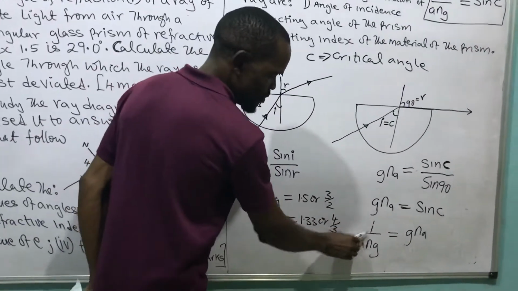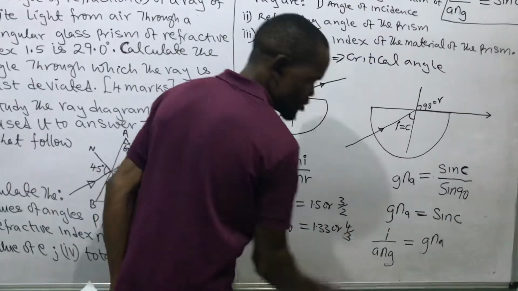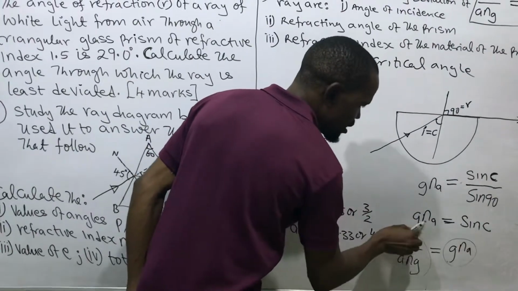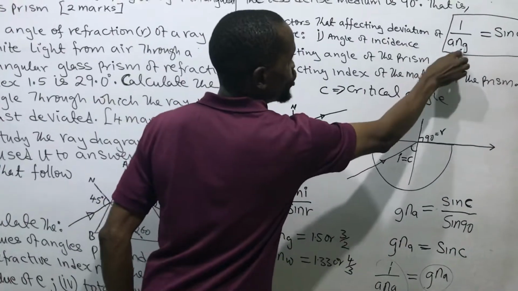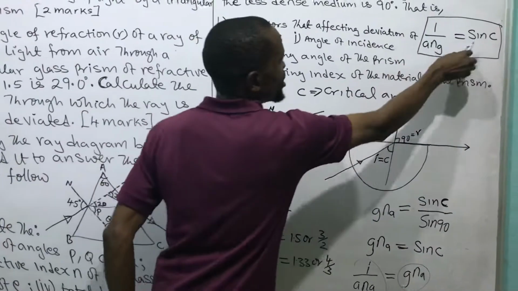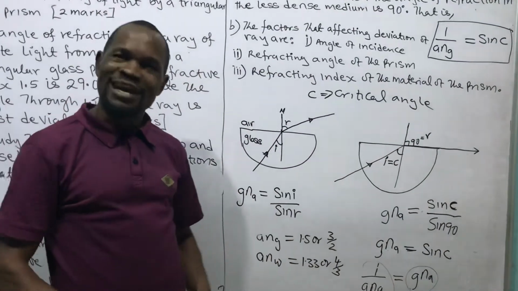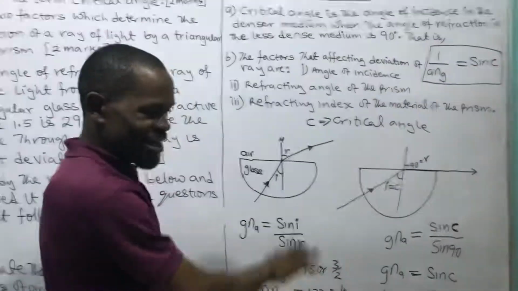But I know that 1 over air to glass, which I have in my diary, equals this. So I use this to replace it in this equation. And I know air to glass as 1.5 or 3/2. If I put it here, I can make this the subject of the formula and get the critical angle. I think we settled, right? Good. This is how we get the critical angle.